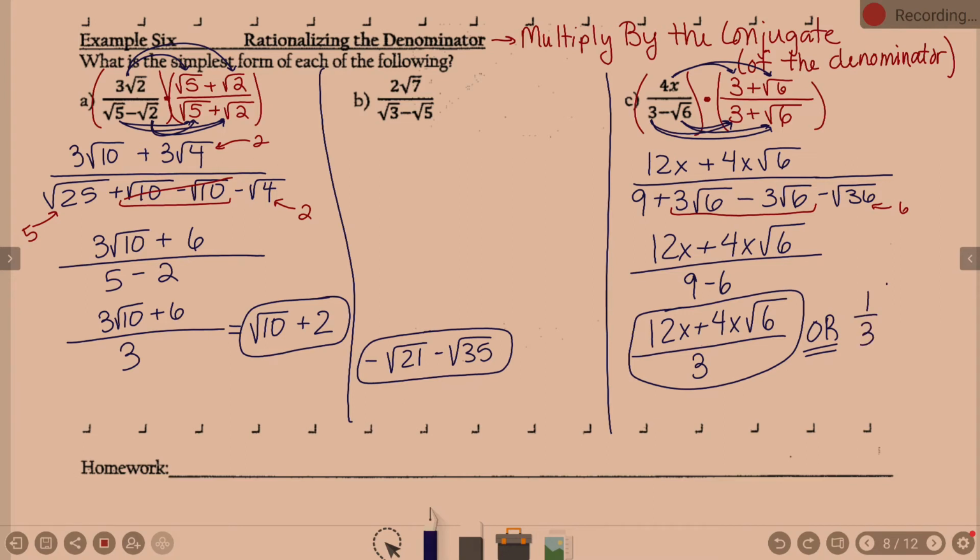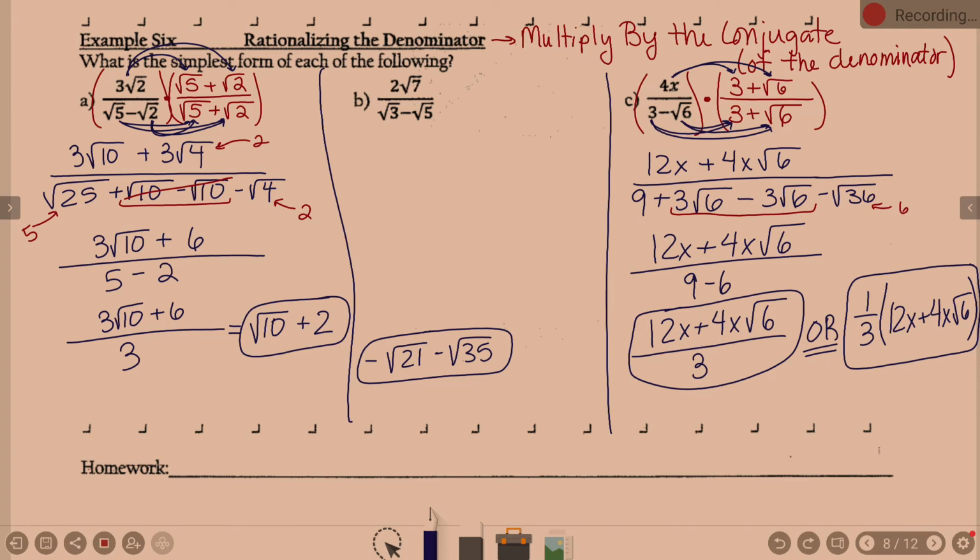And so then they'll say 1/3 times 12x plus 4x square root of 6. That is the other equivalent option. I can't remember if there's something that comes up in Math Excel, which is why I wanted to introduce this. I'm perfectly happy with the first one. I just want you to be familiar with the second one.